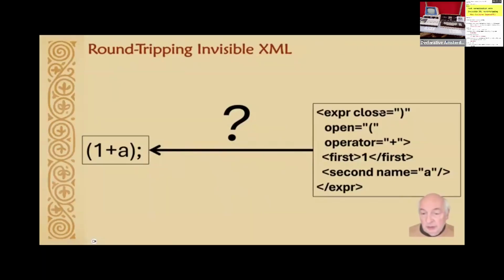Roundtripping Invisible XML is the opposite, which means that from an XML document we want to generate the corresponding text values which would be necessary to generate this XML document back.